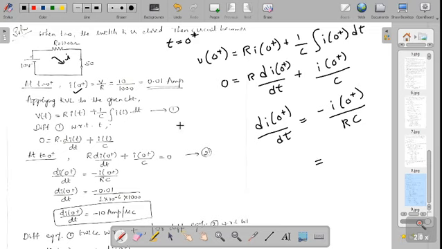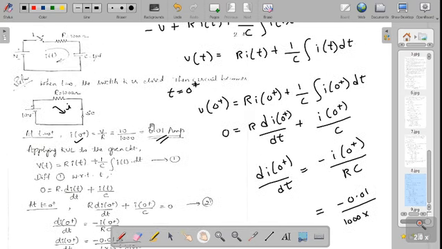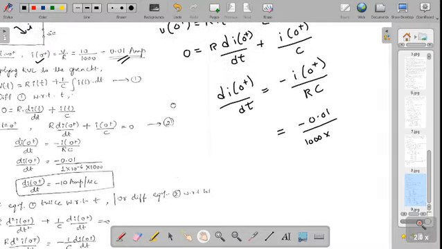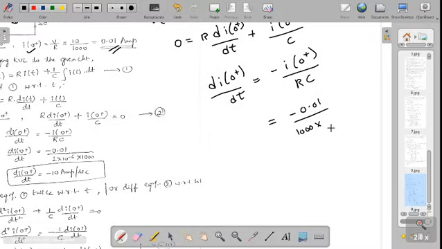You already found the value of I of 0 plus. I of 0 plus is 0.01 amps. The value of resistance is 1000, and the value of capacitance, let's look at the circuit, is 1 microfarad, that is 1 into 10 to the power minus 6.